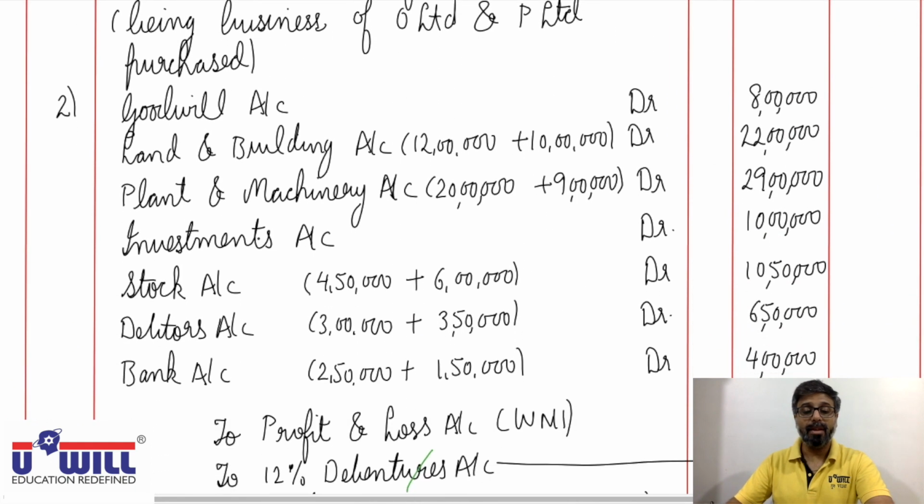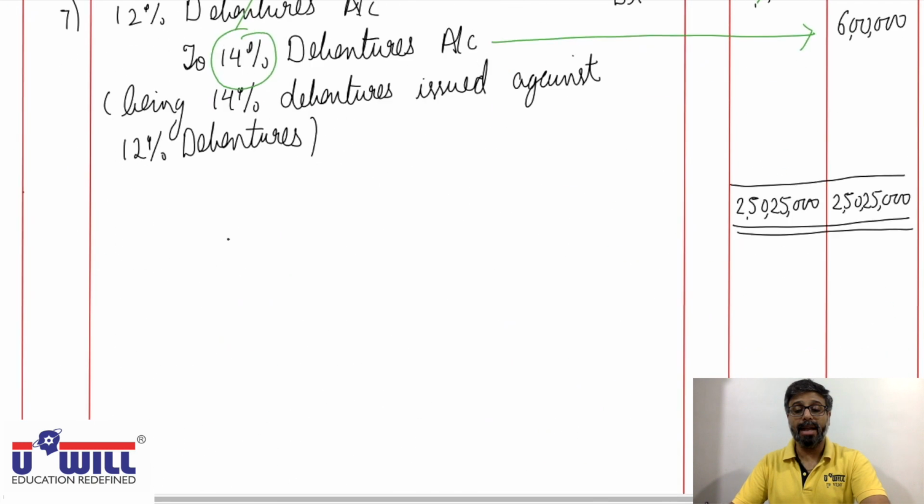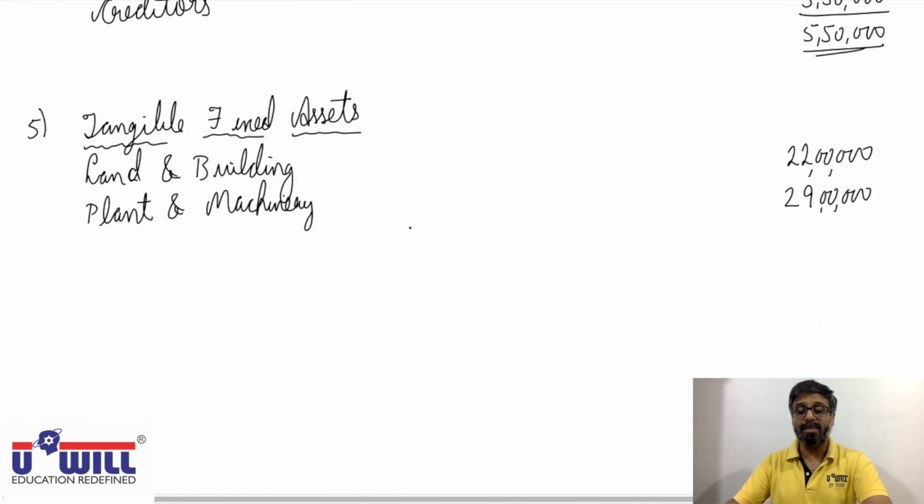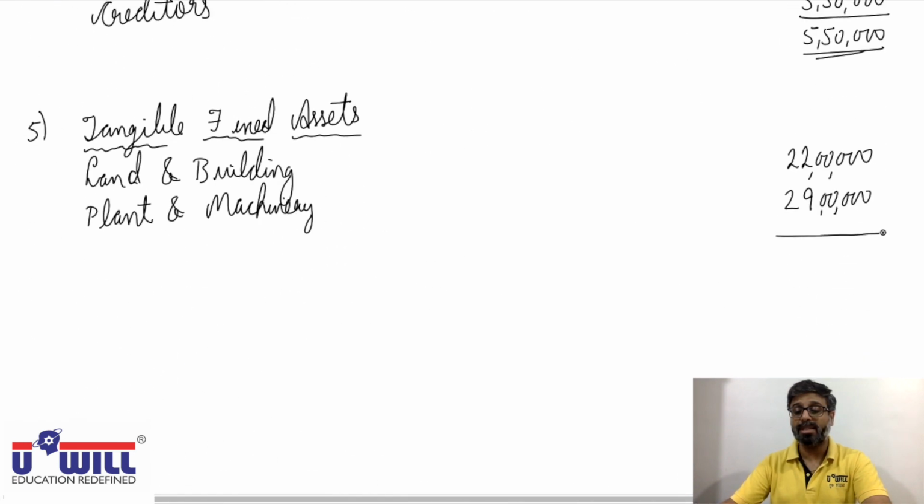Then what do we have? Investments. Investments will come in the next heading, non-current investments. There was a separate heading in the balance sheet, so investments we cannot include. Only these two items are there in tangible fixed assets. Other items are not there. So in tangible fixed assets, 22 lakhs plus 29 lakhs, we have 51 lakhs.